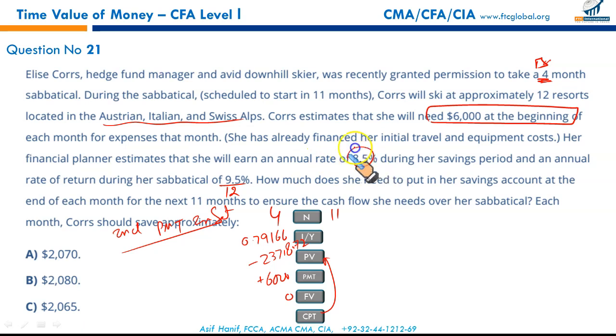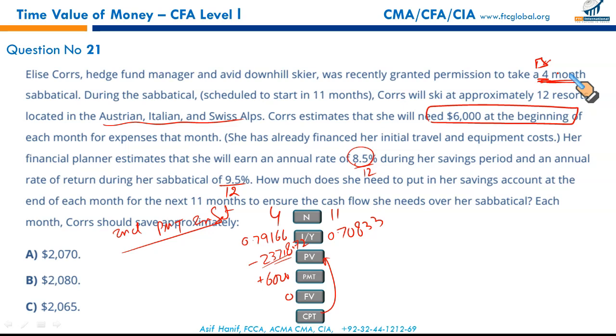Investment will generate 8.5% on a monthly basis, so 8.5 must be divided by 12. 8.5 divided by 12 gives us 0.70833, right? Now this present value at the end of 11 periods is the amount that we will have in the investment account that will pay her $6,000 every month.